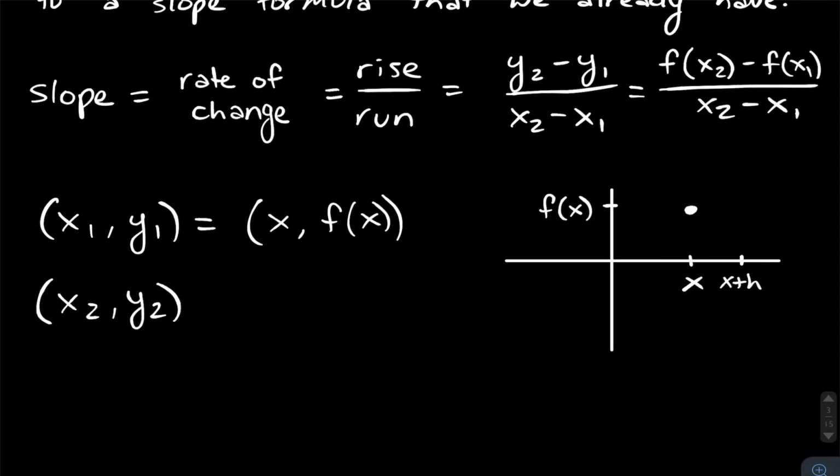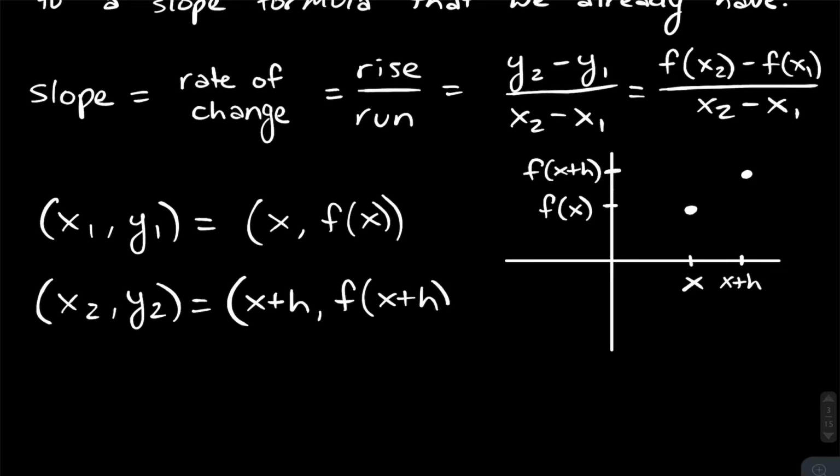And so the respective y value would be what happens when I plug x plus h into the function. Okay, that's it. And so how you write that with coordinates would be, x plus h is the x part, and f of x plus h would be the y part.